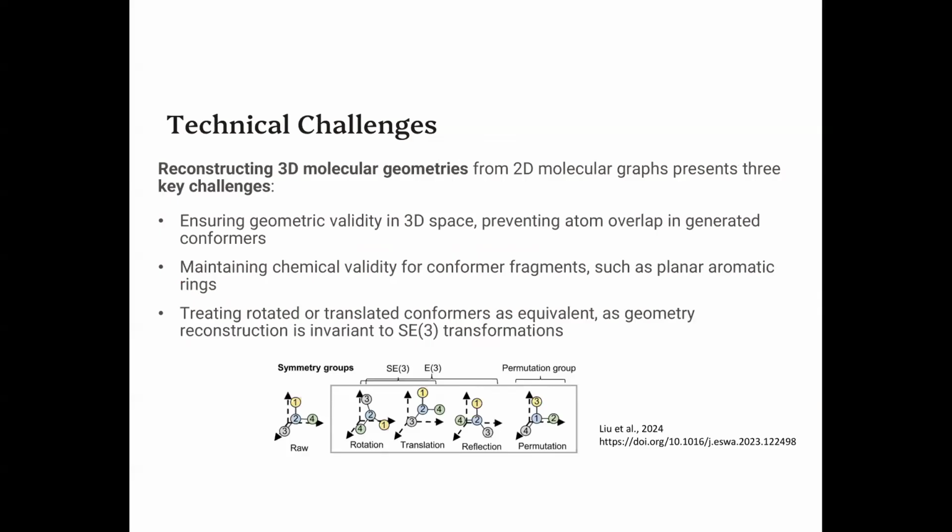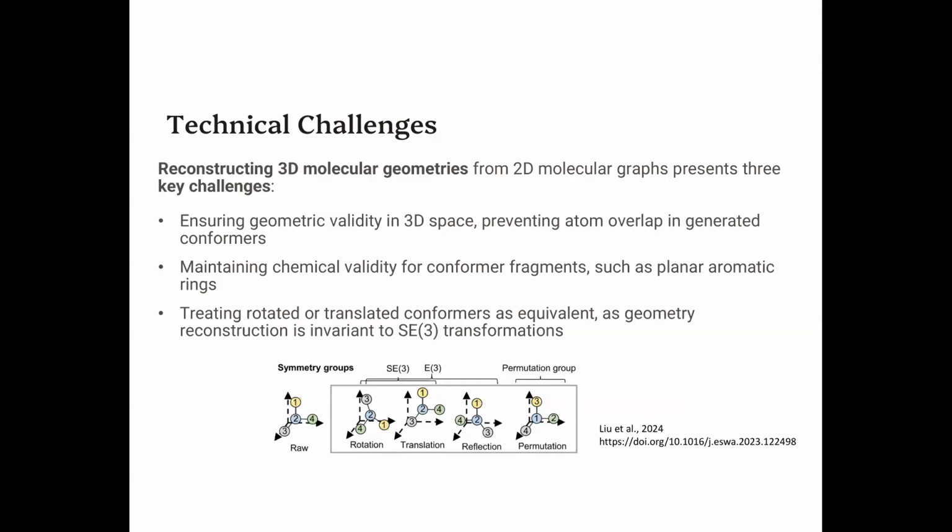Okay, what are the technical challenges associated with this task? First of all, reconstructing the 3D molecular geometries from the 2D graphs has to ensure validity in the 3D space of the generated conformer, preventing, for instance, atom overlap. It also has to maintain the chemical validity of the conformer fragments.